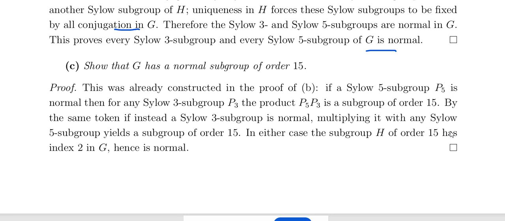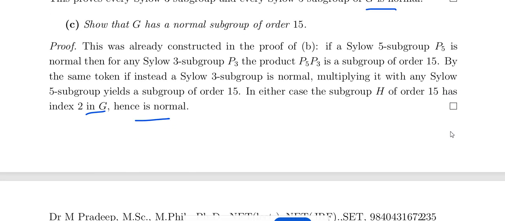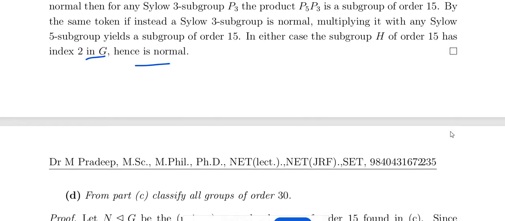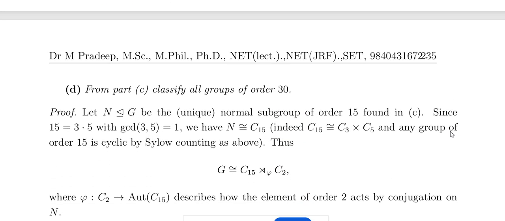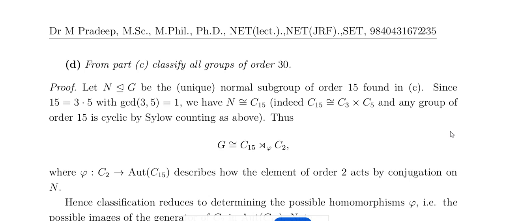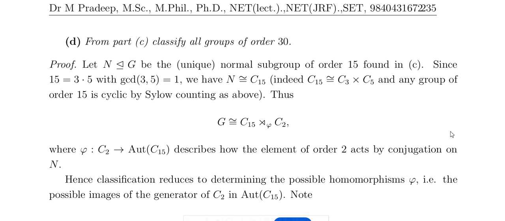The same if the Sylow 3 subgroup is normal, multiplying with the Sylow 5 subgroup yields 15. So in either case the subgroup H of order 15 has index 2, therefore it is normal.